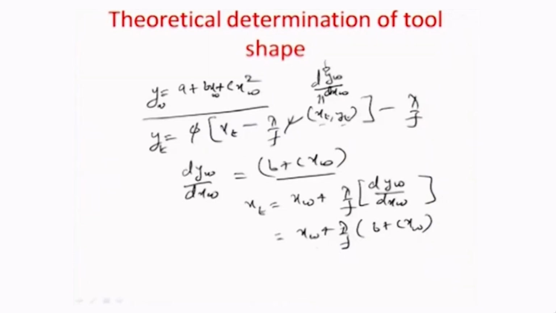So, therefore, we can either substitute the value of xw in this equation to find out what this would be in terms of xt standalone.